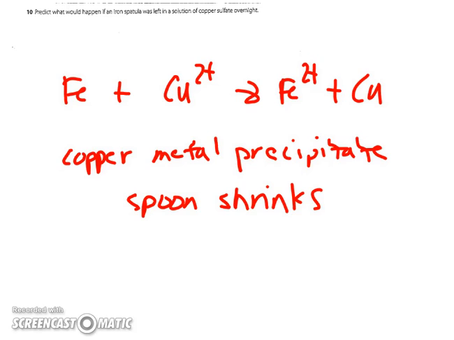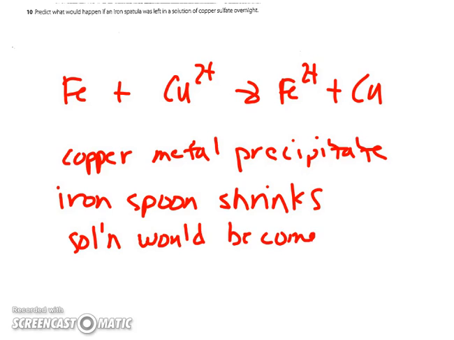And you know that because pennies turn green if they get left out in the rain and stuff. So the solution would become more clear or become less blue, because the copper ions are changing to copper metal as they are reduced.